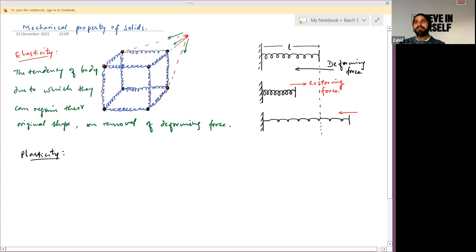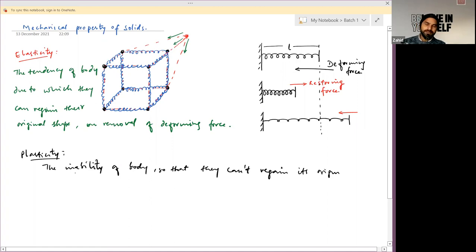It means the inability of a body to regain its original shape on removal of deforming force, that is called plasticity.